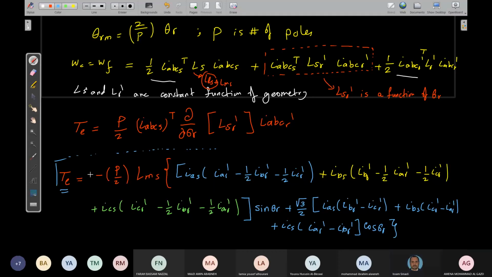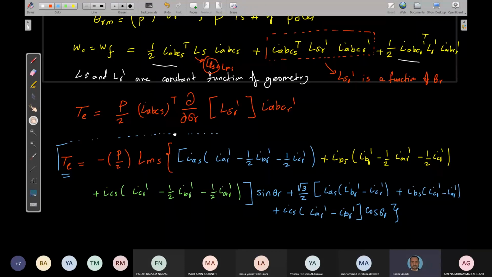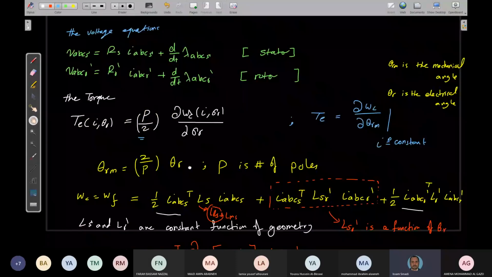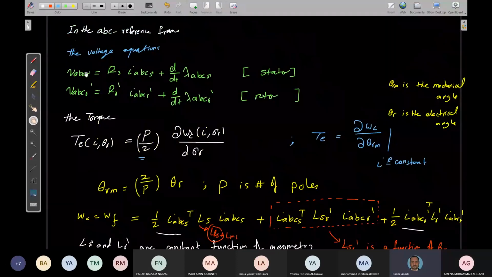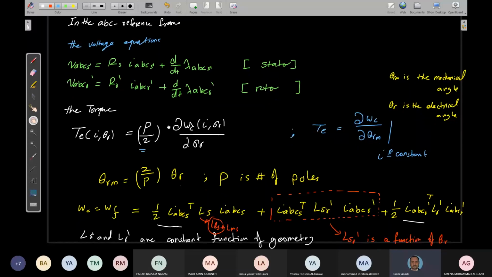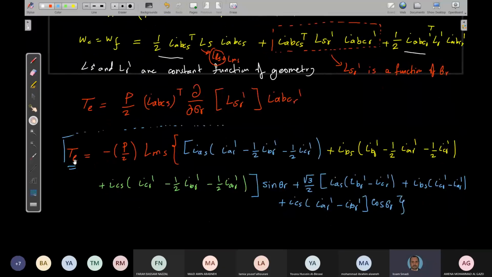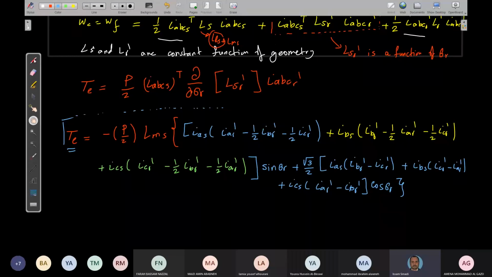So even though when you did the simulation, you used the first equation, the voltage equation, then you built the electromechanical torque, and finally you go to the swing equation, or the mechanical equation of motion, and this will end the mathematical model of the induction machine in the ABC frame.